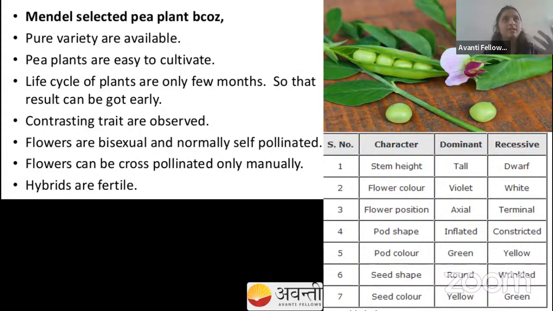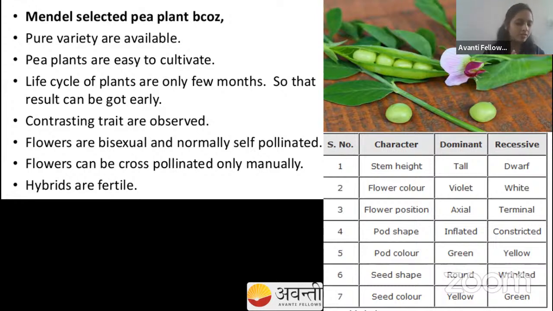For example, if I take one plant with purple flowers and do self-crossing, then if it is a pure variety, only purple color will come. If I get four progeny, all four will be purple in color. If it is not a pure variety, one of the flowers will be white.